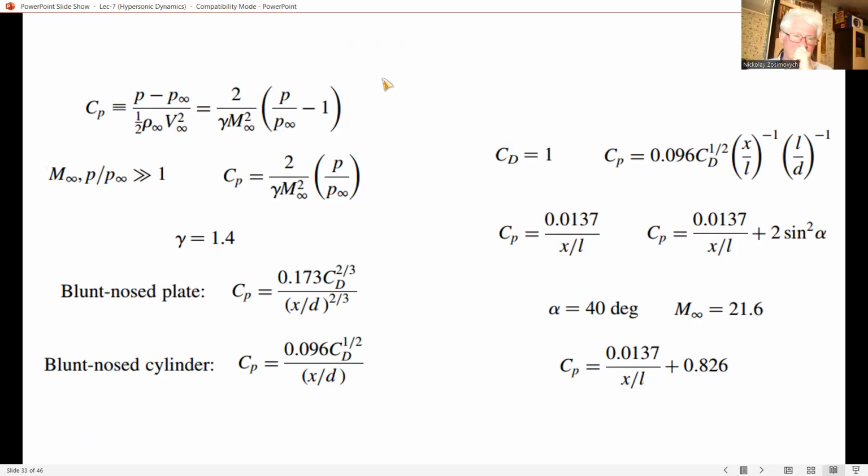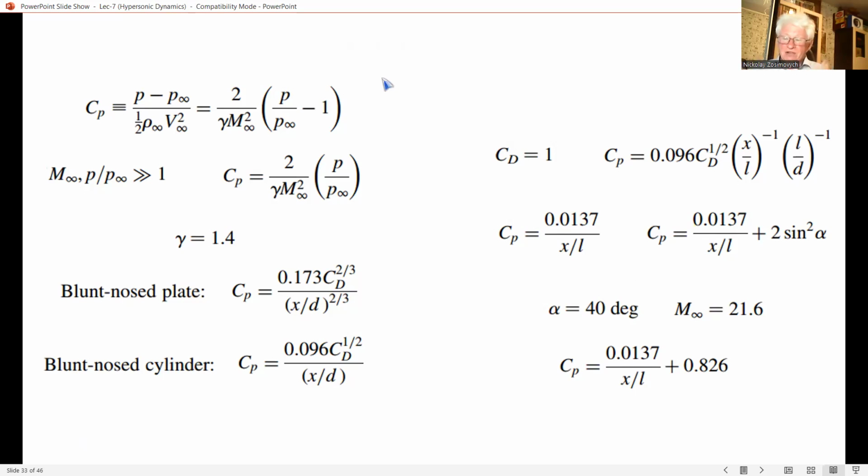Blast wave theory is another example of Mach number independence at hypersonic speed. In one modern research, a combination of blast wave theory and simple Newtonian theory was used to predict the pressure distribution along the windward center line of the space shuttle. I hope you remember that shuttle.